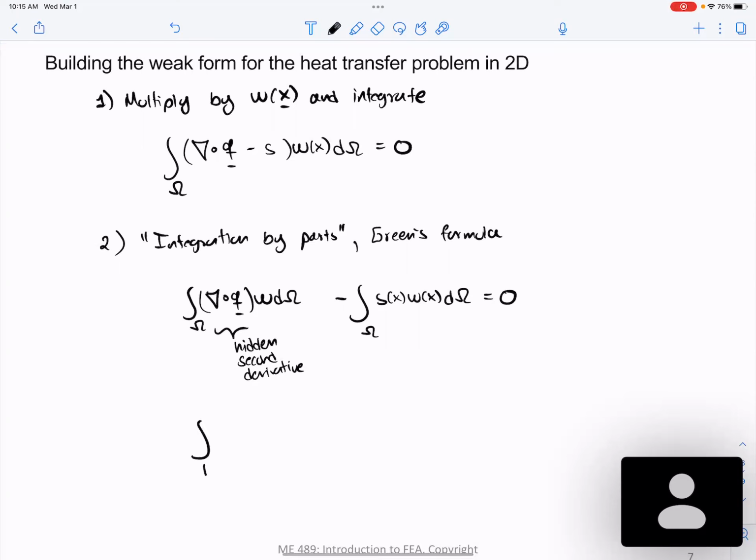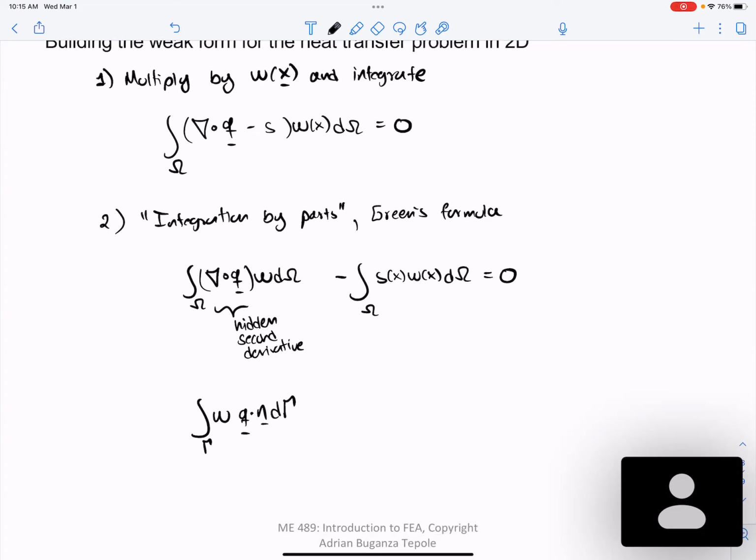You get an integral over the boundary of the W times Qn, minus an integral over omega of, I'm gonna pass that gradient to the W. So we're gonna end up with gradient of W dotted with Q, and that is an integral over omega.